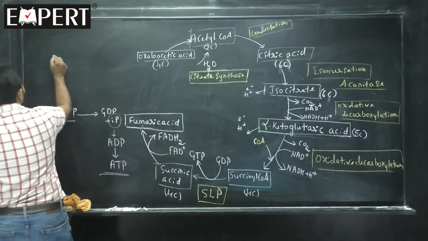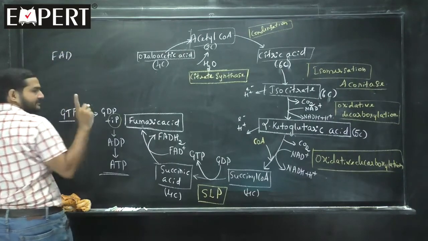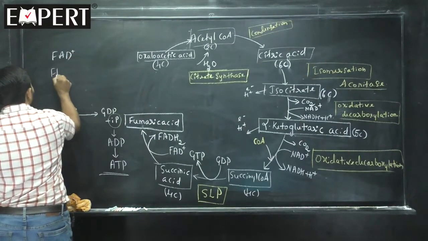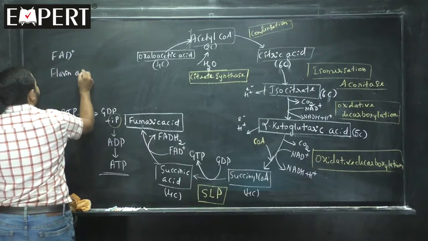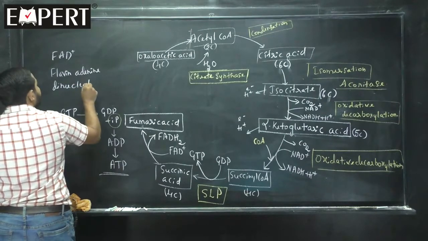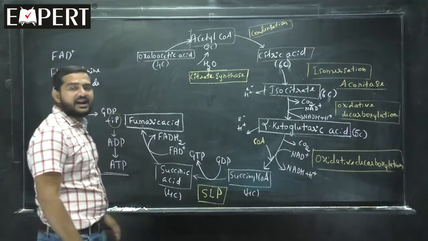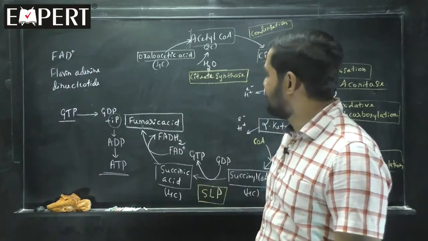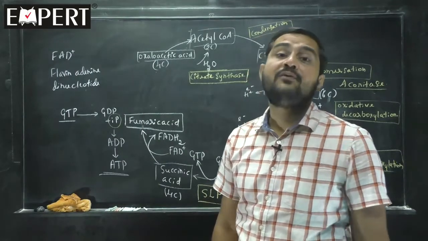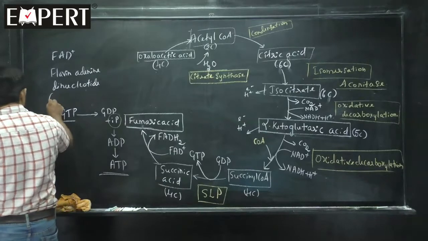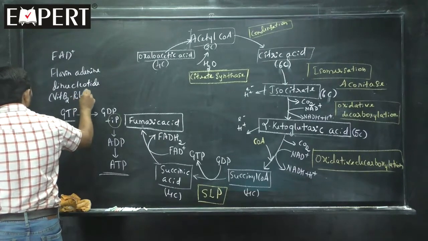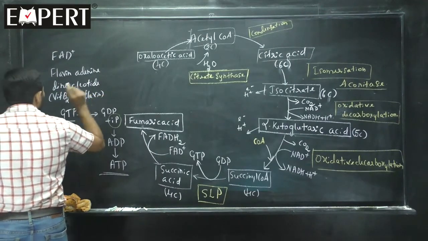See, students, here the FAD: you know NAD, nicotinamide adenine dinucleotide. And what is FAD? It is flavin adenine dinucleotide, which is derived from vitamin B2, called riboflavin.